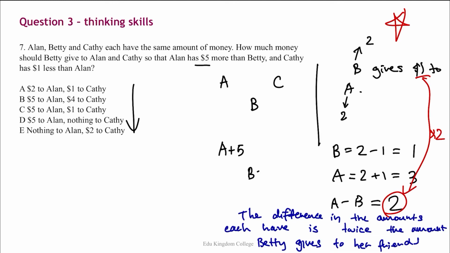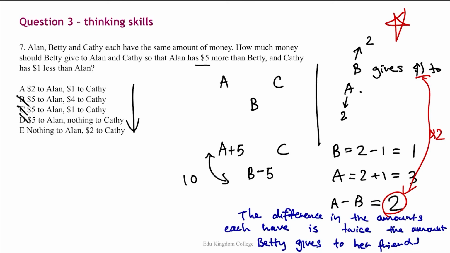Betty has now B minus 5. And C, or Kathy, stays the same. What's the difference between these two guys? It's 10. Can you guys see that Alan's money now, he has $10 more? So already, this can't be true. Okay? This can't be true straight away.